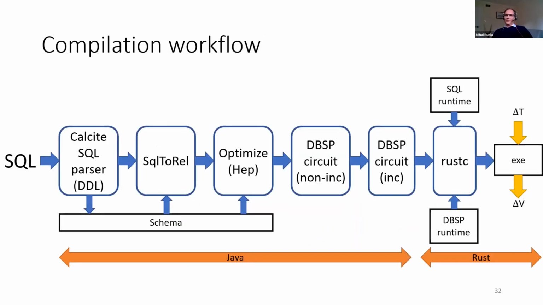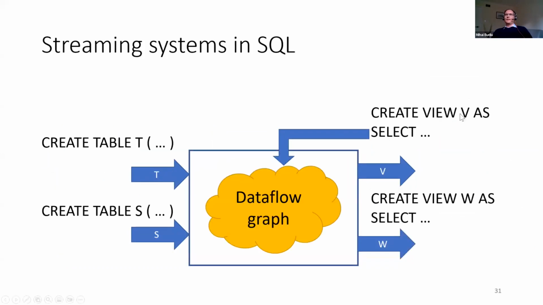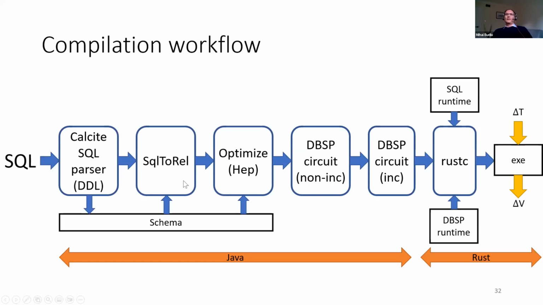So the compiler flow is pretty simple. We use Calcite to parse this data definition language. So everything is a DDL, right? We define tables and views. That's all. Then we convert this to a lower level. We optimize. We have a set of optimization rules. And then we convert this to a circuit using the rules I described.